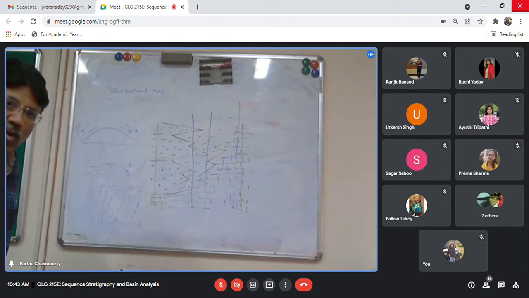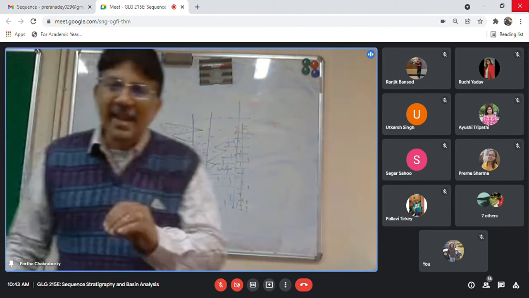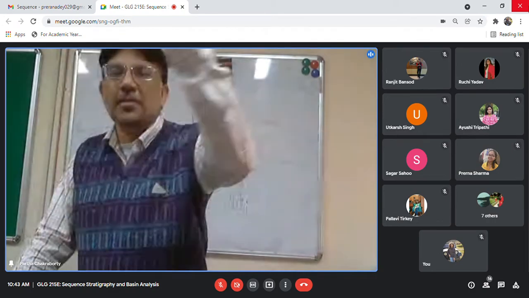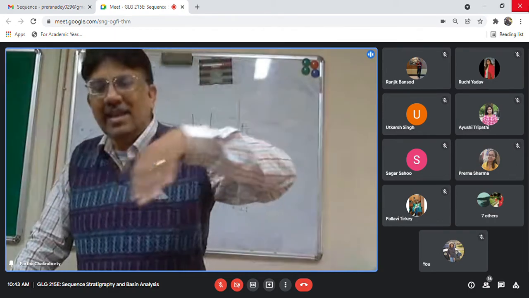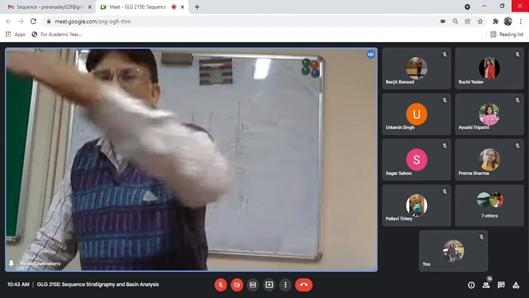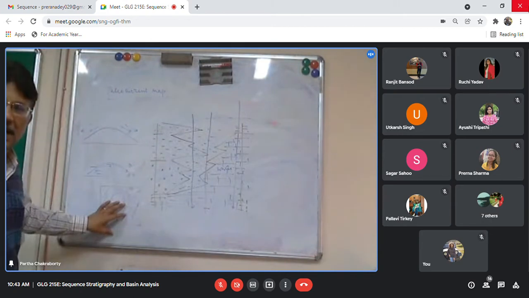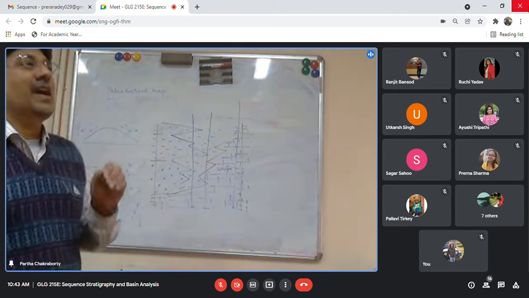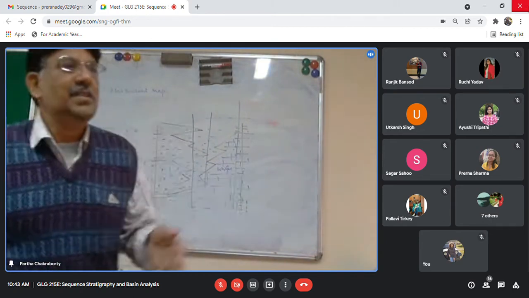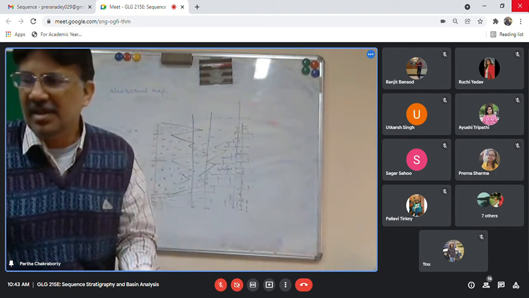What does that mean? That this high remained as a barrier for deposition and it controlled the deposition. Because of this high, the flow got diverted on both sides and you are getting the paleocurrent diverging from that. So you can identify that there was a basement high and that basement high actually controlled the sediment dispersal process.